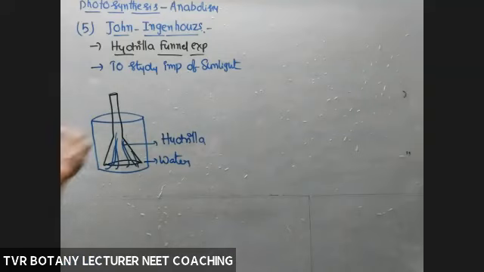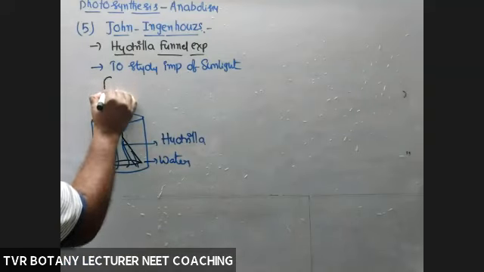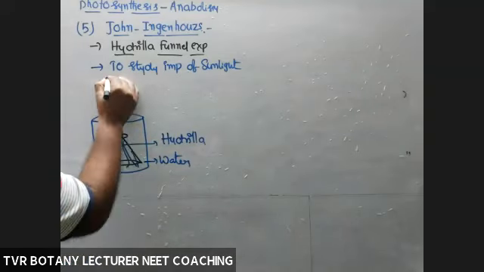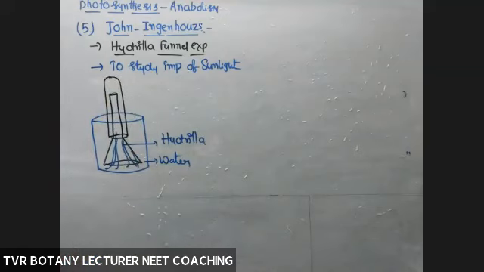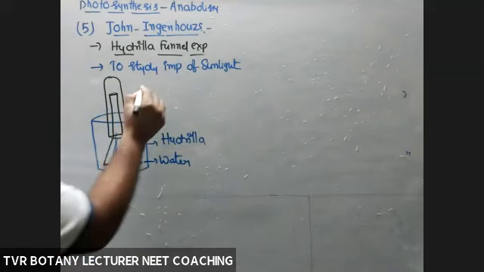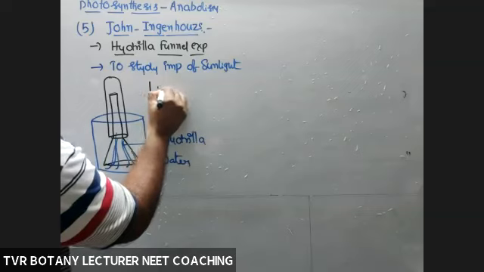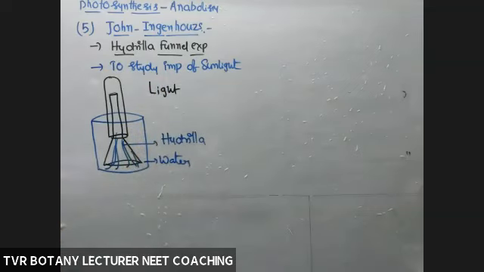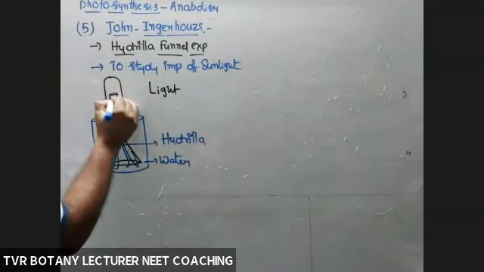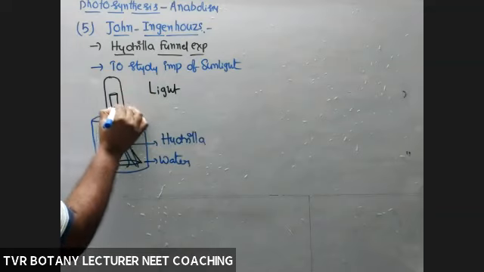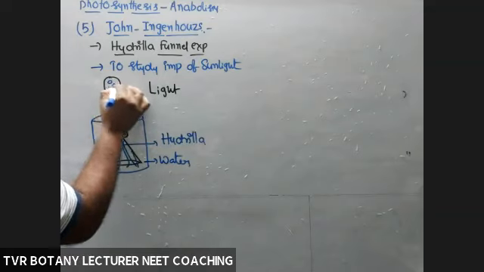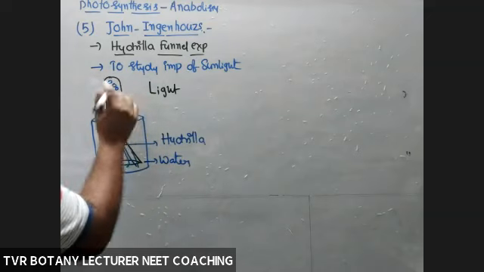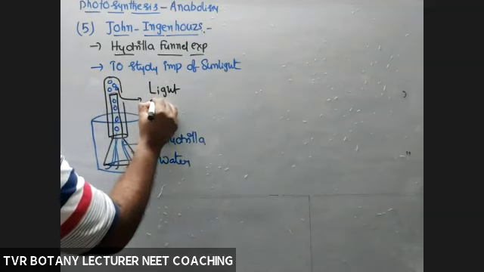And it is covered with a test tube. Now this experiment is kept in sunlight, so light is available. And what he observed, that is well known to you, evolution of bubbles. So what is that bubble? Oxygen.